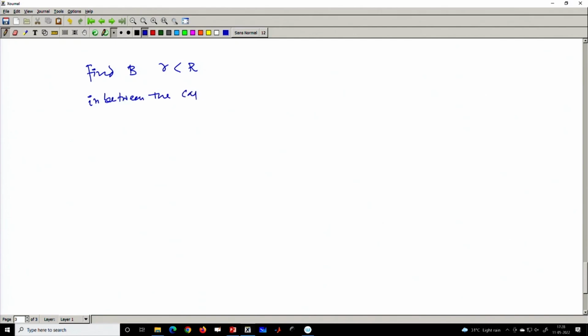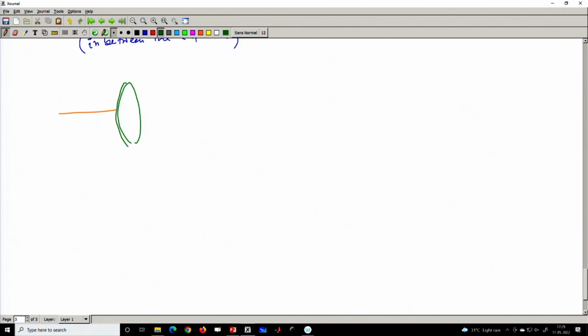The capacitor. So, if I draw quickly what we had, we had two capacitors like this, and suppose current is flowing like this.